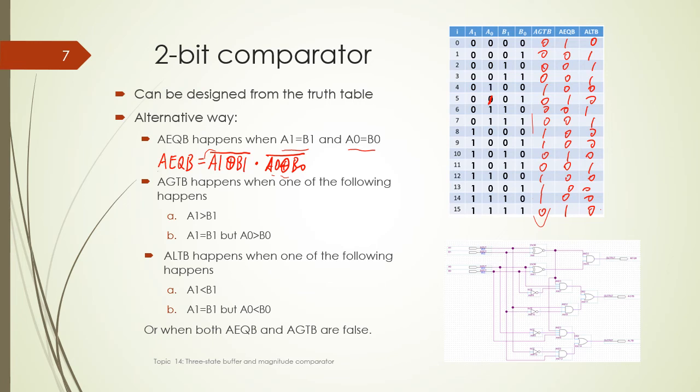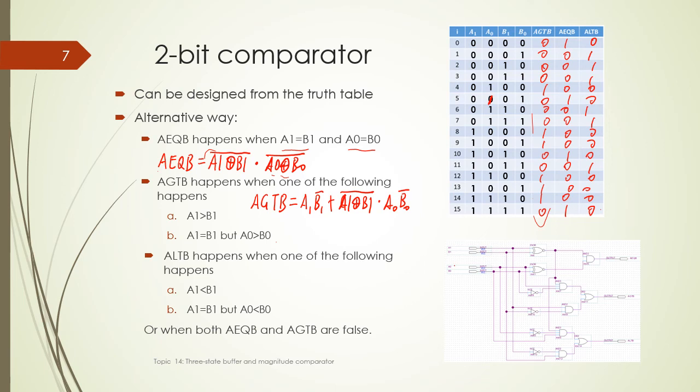Also, just like A equal to B, we can directly write this: A greater than B should equal either A1 and B1 not is true, right? So A1 equal to 1, B1 equal to 0, which means A1 bigger than B1, right? Or A1 equal to B1, but A0 is larger than B0. So this is corresponding to the second case.